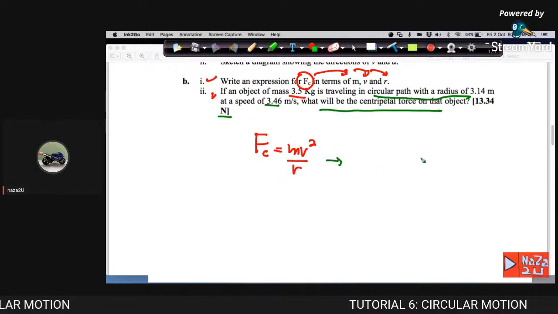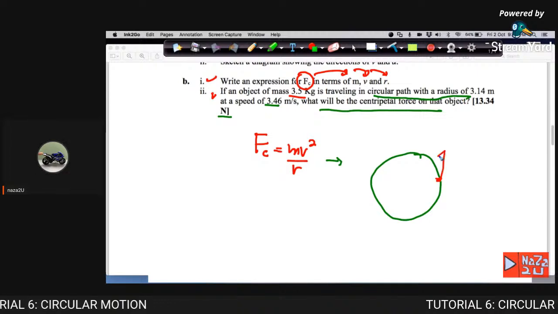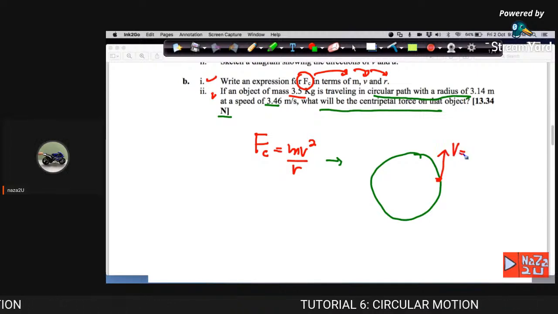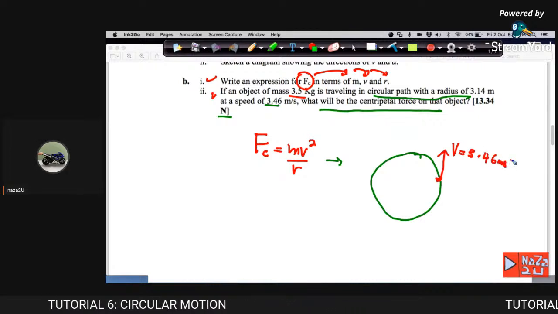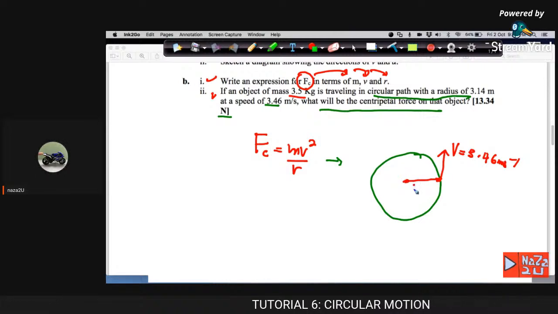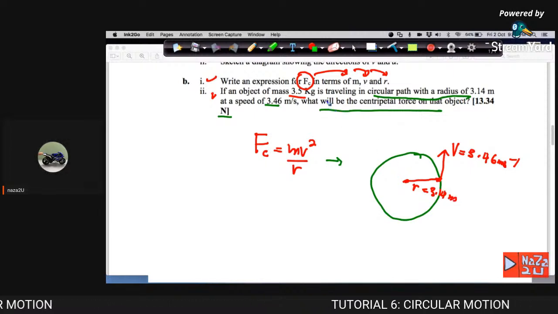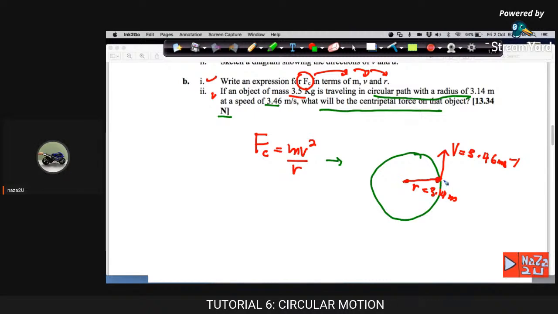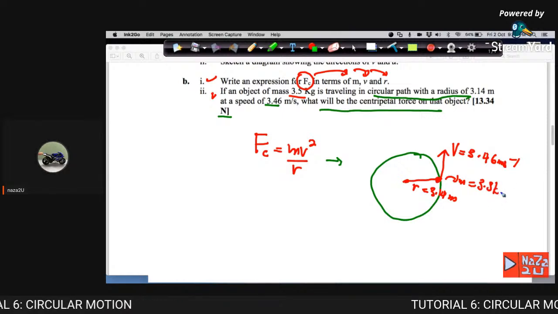If you draw the diagram of the situation given by the question, the object is moving with a tangential velocity v equal to 3.46 meters per second, the radius of the circular path r is equal to 3.14 meters, and the mass of the object is equal to 3.5 kilograms.